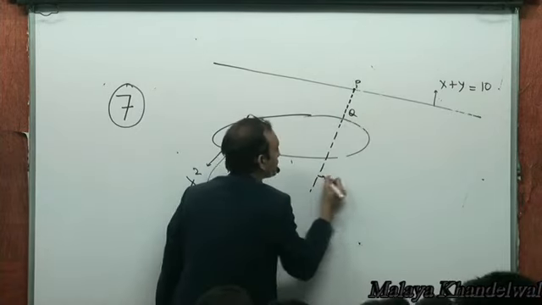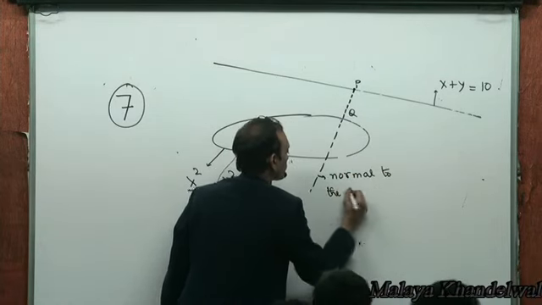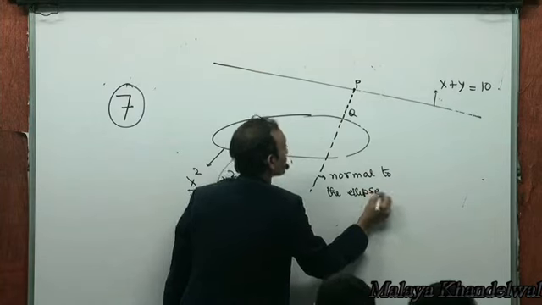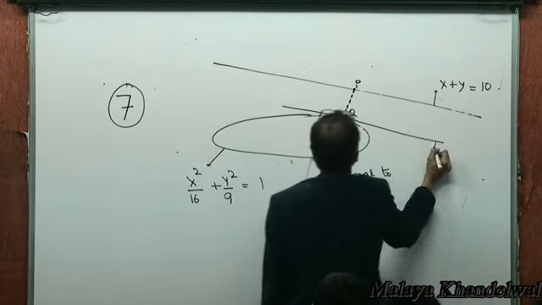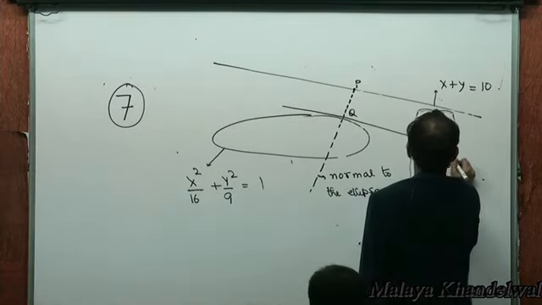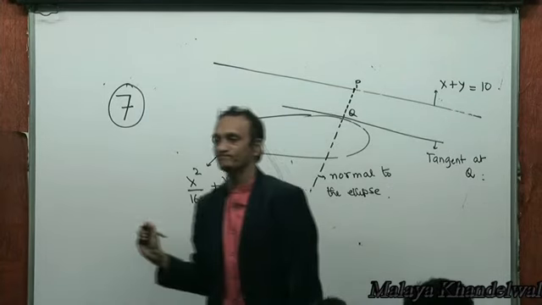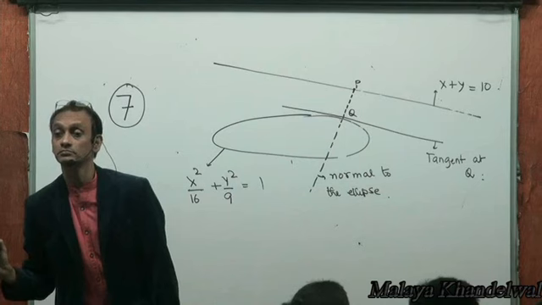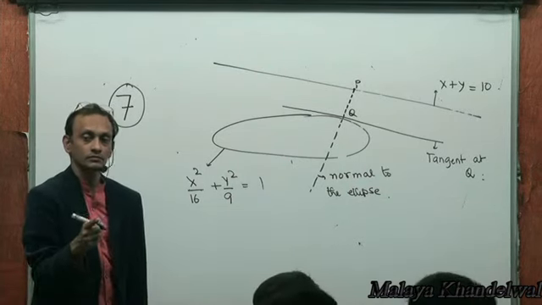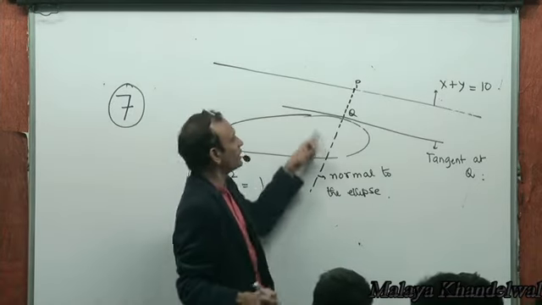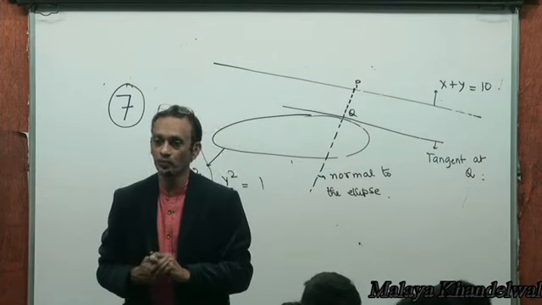If this is a normal to the ellipse, then it will be perpendicular to the corresponding tangent to the ellipse, the tangent at Q. Yes or no? A normal to an ellipse is always perpendicular to a certain tangent to the ellipse, isn't it? At the point of tangency, isn't it?